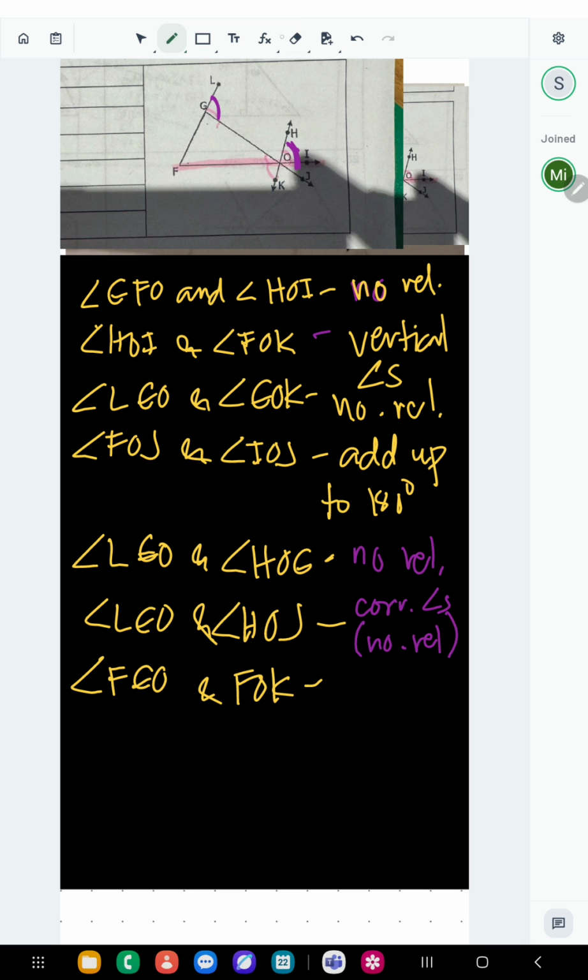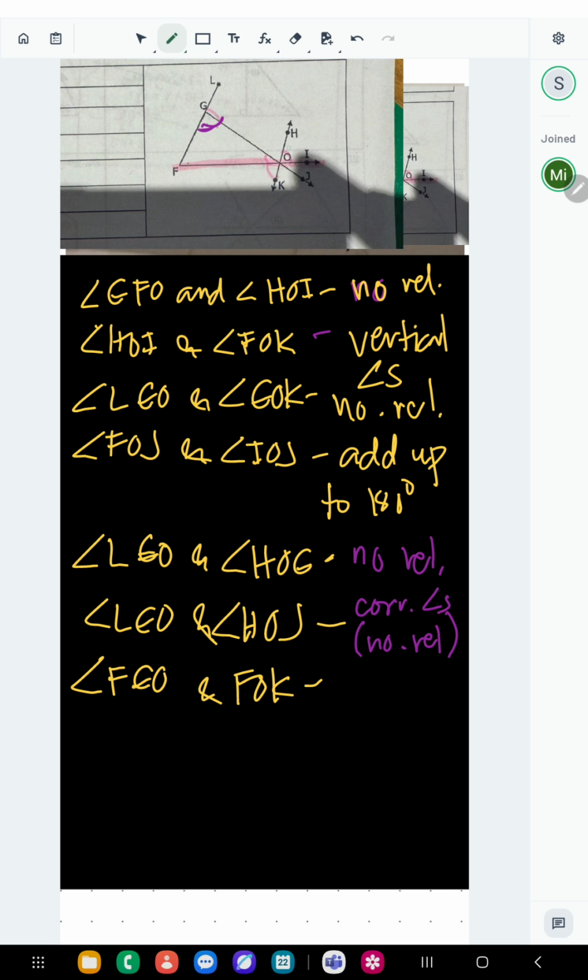And then FGO. FGO here is this one, right? That's strange because angle O is an angle. It should be FGJ. So it says FGO. And then FOK.